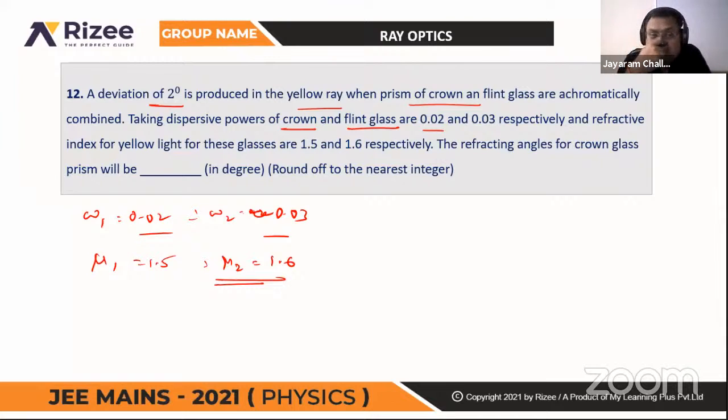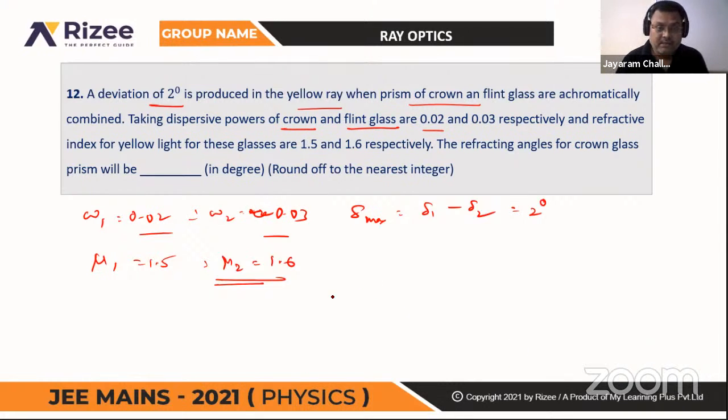Now from this one, since achromatic means dispersion is not taking place, the total deviation can be written as delta 1 minus delta 2. So how can you solve this one? Delta 1 minus delta 2 is equal to 2 degrees. This is our information which is given.